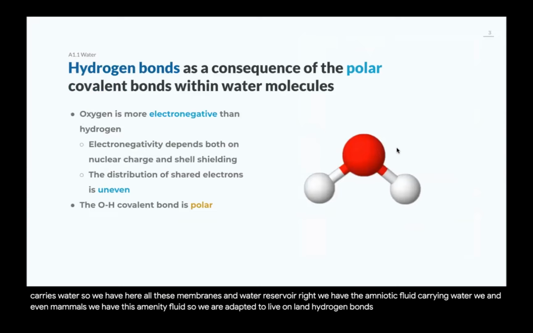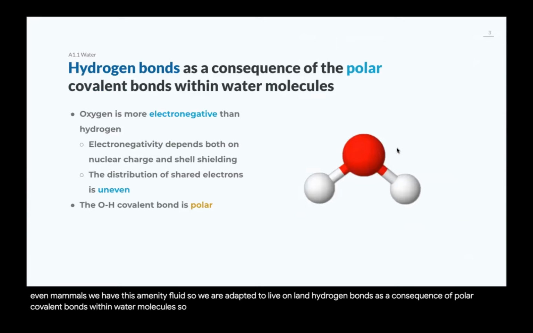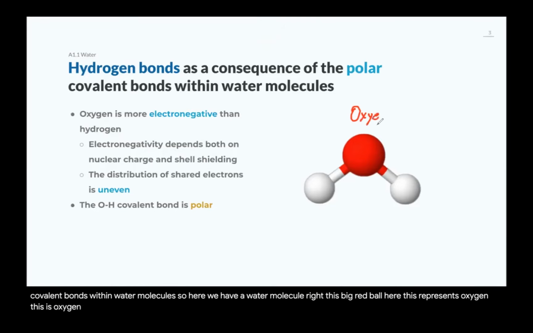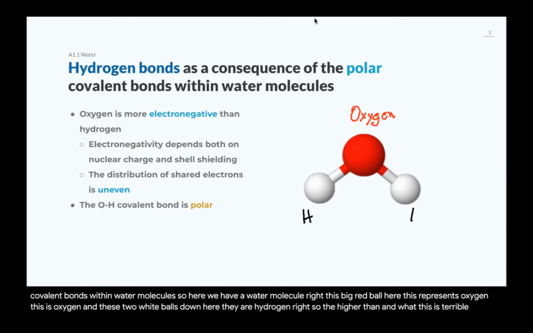Hydrogen bonds as a consequence of polar covalent bonds within water molecules. So here we have a water molecule, right? This big red ball here represents oxygen. And these two white balls down here, they are hydrogen.